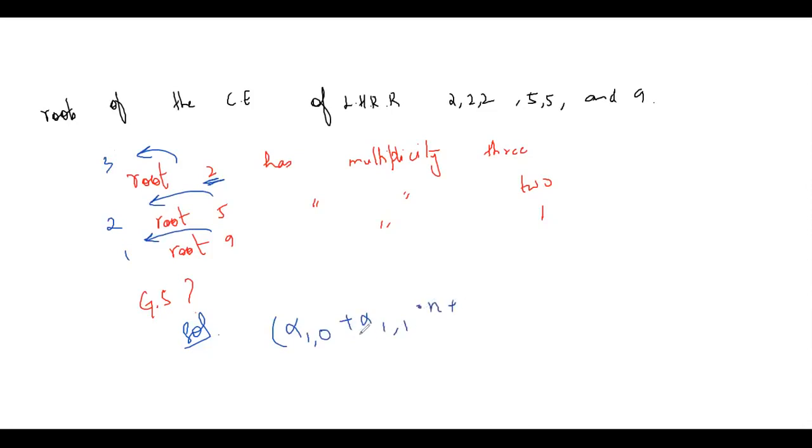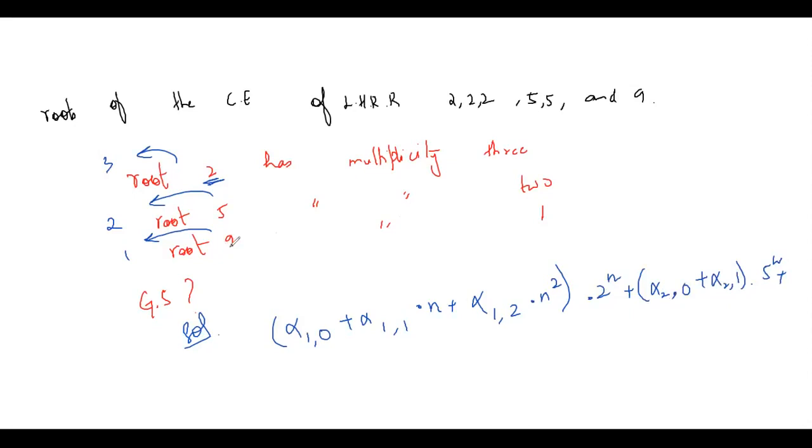This solution is similar to when we had real and equal roots. We were multiplying with n. Similarly, over here, when the root is repeated thrice, we will multiply with n square into 2 power n, plus alpha 2 comma 0 plus alpha 2 comma 1 into n into 5 power n, because 5 is being repeated twice, we have to write the constant twice.